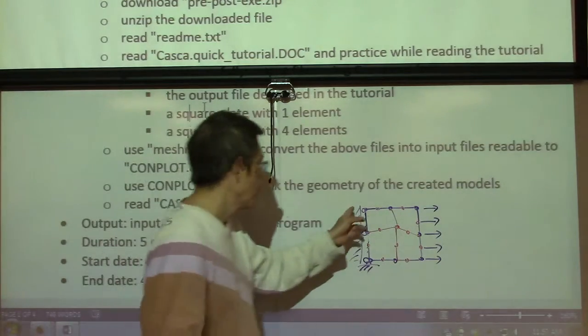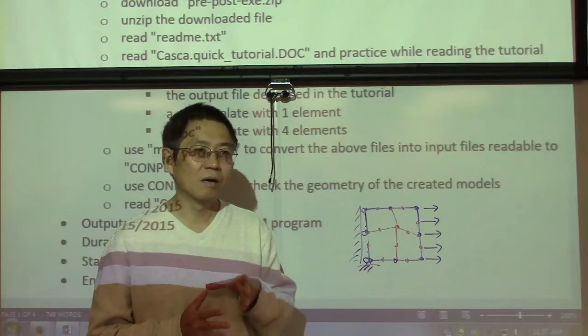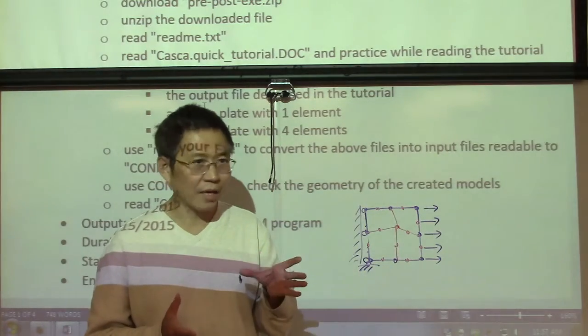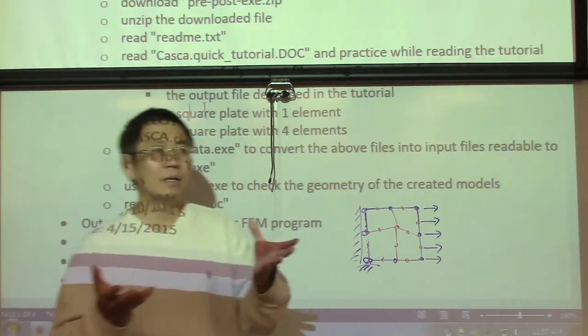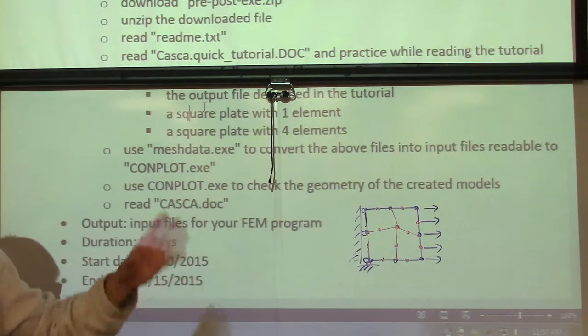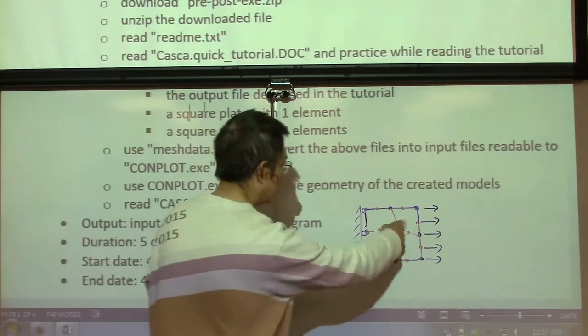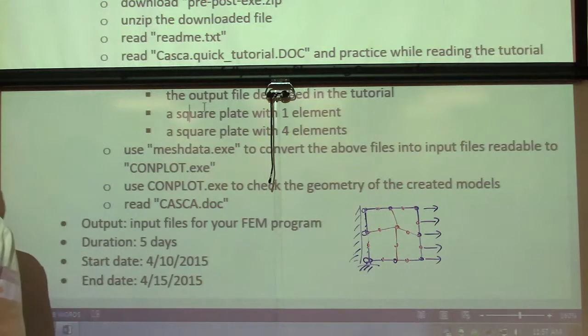As you can see, the 1-element model tests the correctness of your element stiffness matrix calculation, but because it's 1 element, essentially there's no assembly. So it does not test the assembly part of your program. The 4-element model will test the correctness of the assembling process, right? So that's why this is useful.